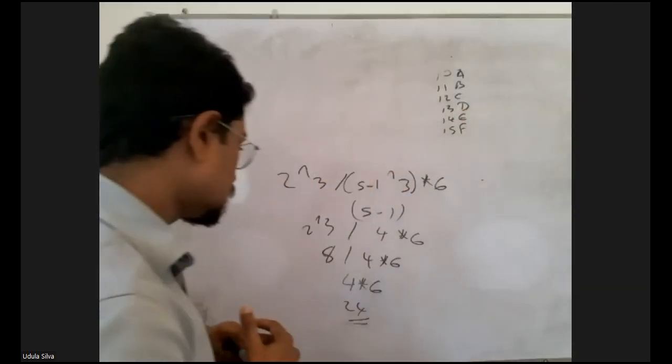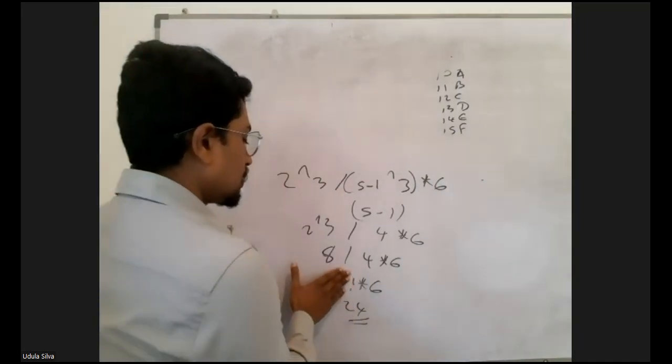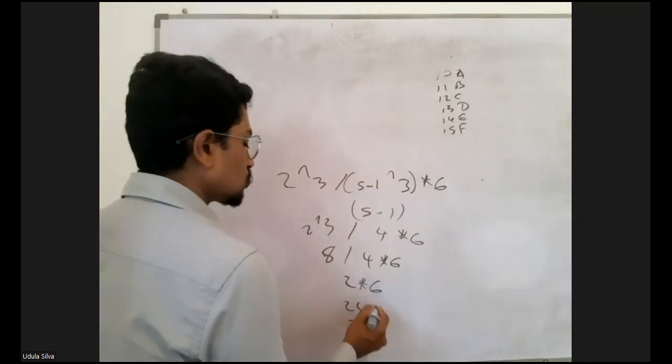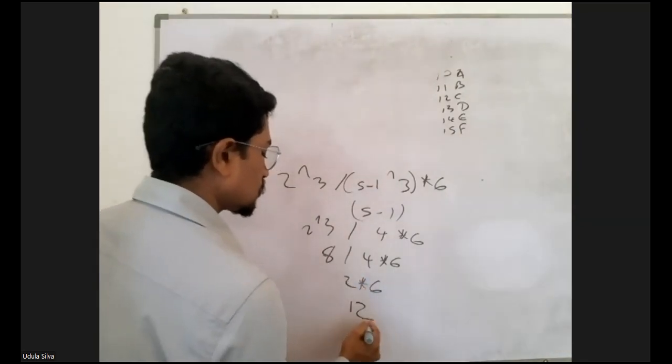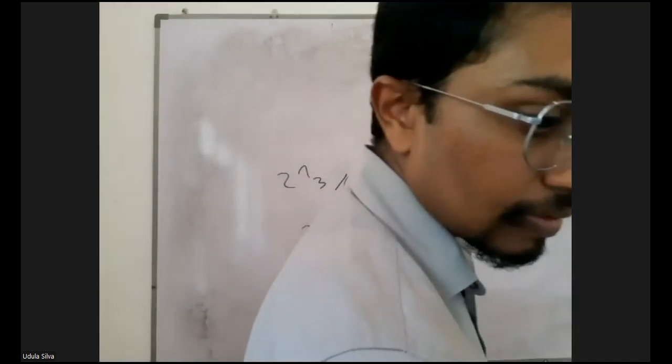Hold on. Did I make a mistake? Not 4. 8 divided by 4 is 2. So 6 into 2 is 12. 12 is the answer. So the third one is the answer, 12, right?